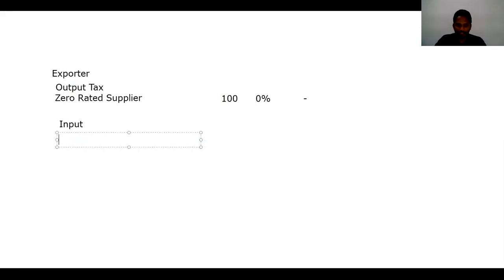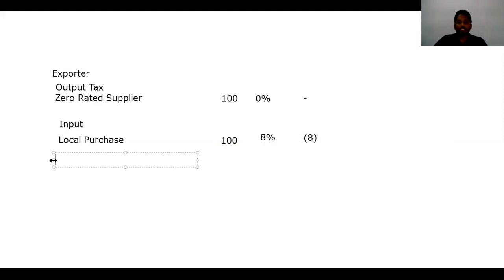For simplification, I will take the local purchase here. Let's say they have purchased 100 million as an exporter, then they will definitely pay VAT on the purchase at 8%. Then their input may be 8 million.